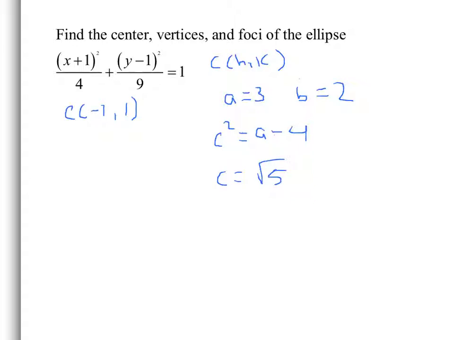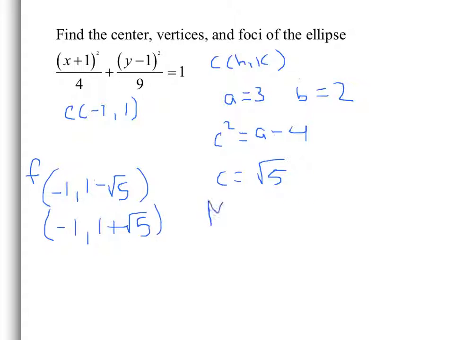So then the foci would be h, which is negative 1, comma, k, which is positive 1, minus the square root of 5, and negative 1, 1 plus the square root of 5. So there's our foci, there's our center.